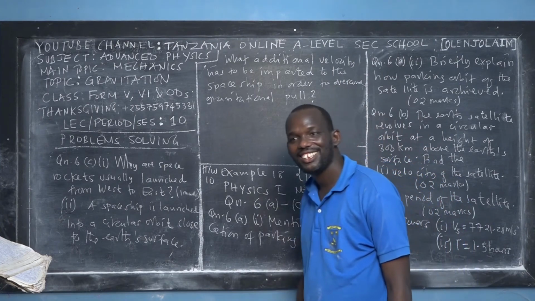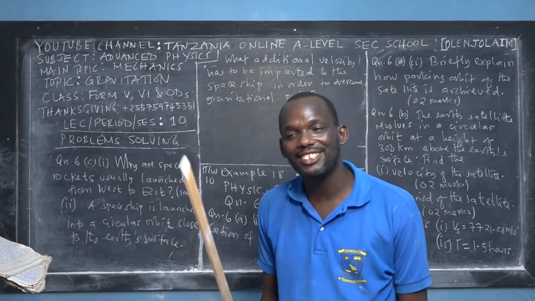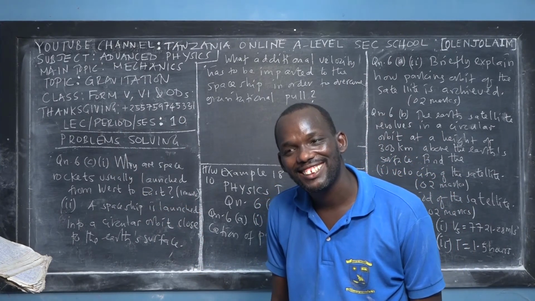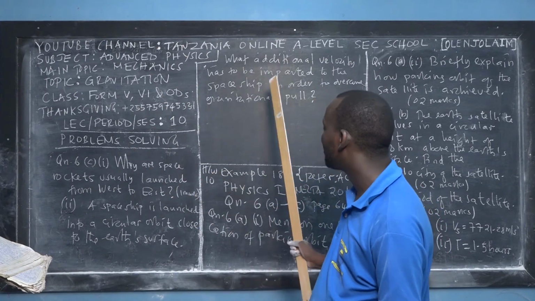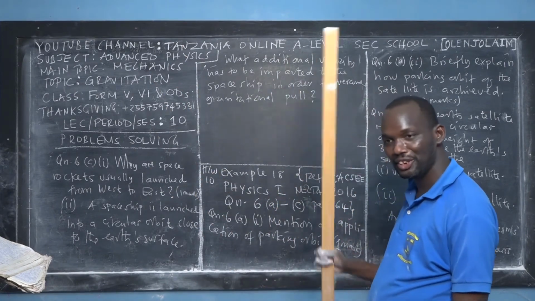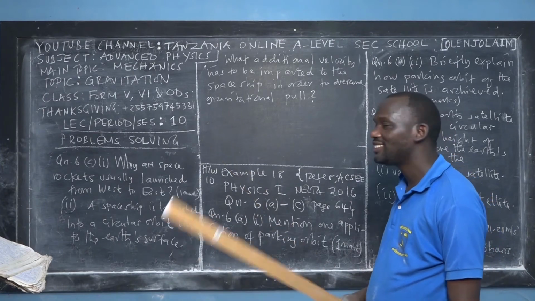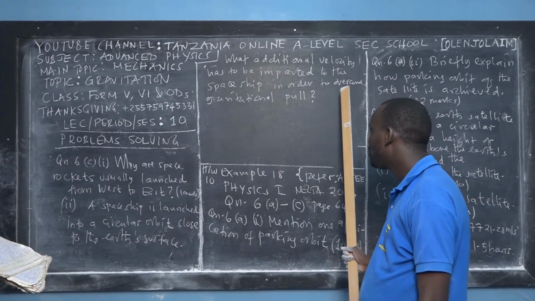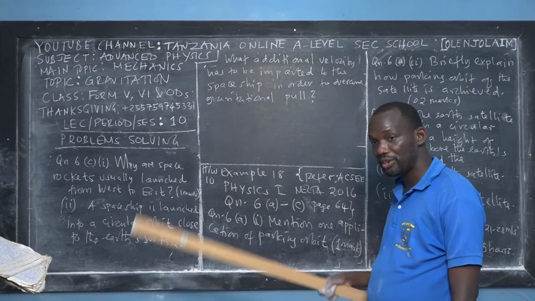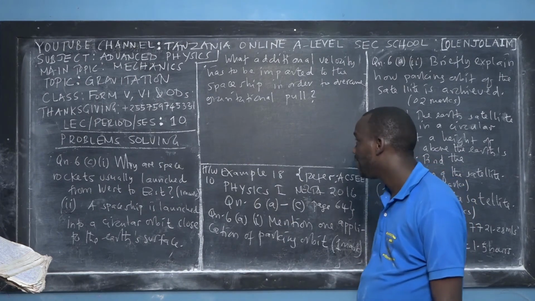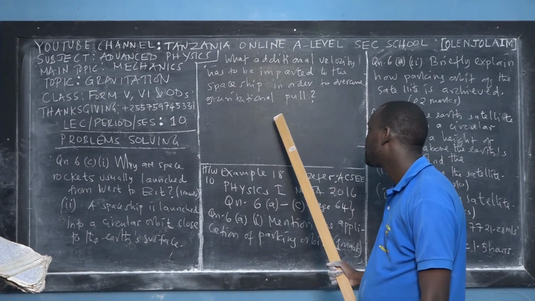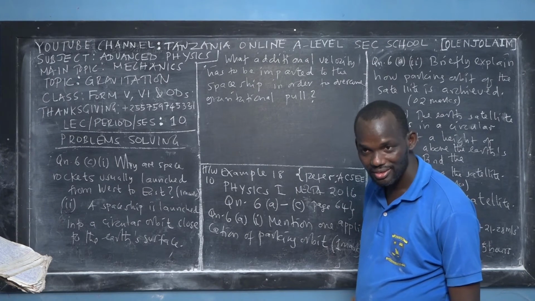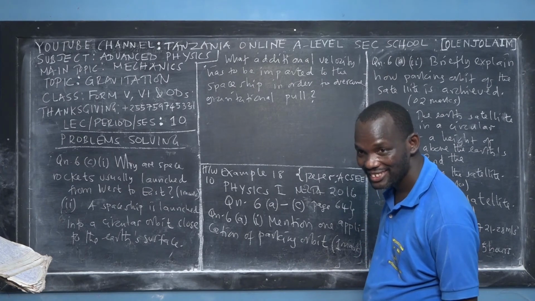The question is asking about escape velocity, because escape velocity is the minimum initial velocity required by a body to be removed completely from the Earth's gravitational pull. Didn't I teach you escape velocity?